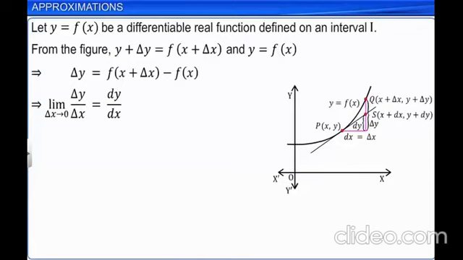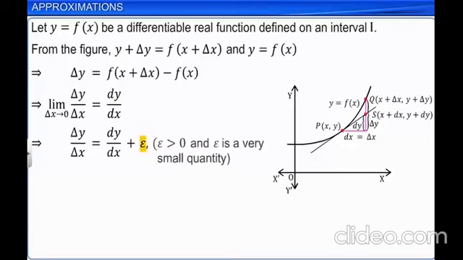Hence, delta y upon delta x is equal to dy upon dx plus epsilon, where epsilon is a small positive quantity. Multiplying both the sides by delta x, we get delta y is equal to dy upon dx into delta x plus epsilon into delta x.